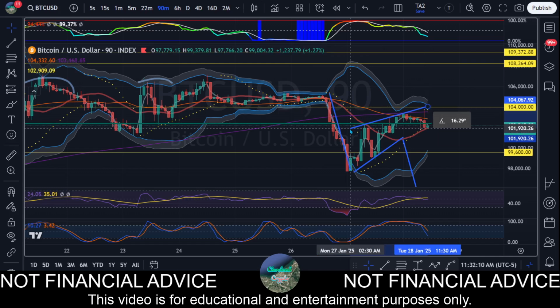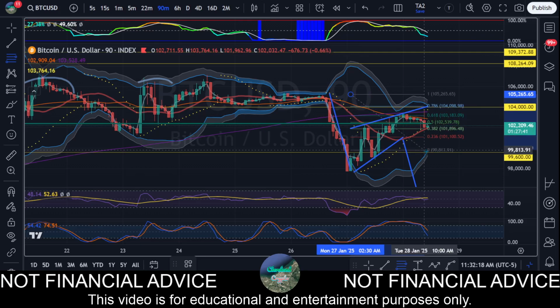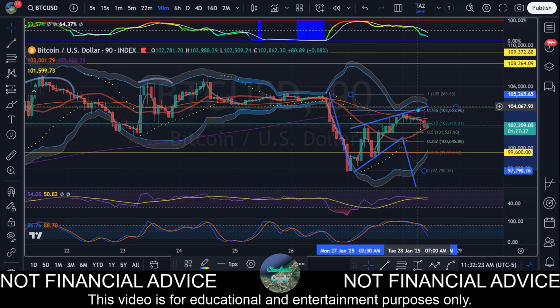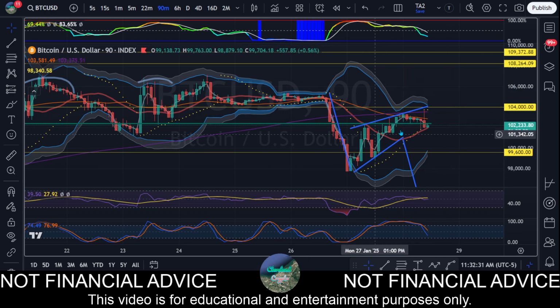Now, what we can do with this is to see, hey, has it gone back? You know how we do a fib retracement from the bottom to the top? Well, we could do one from the top to the bottom and see if, hey, look at that, it's gotten to the 786 and is ready to turn back around and head down, continuing that bear flag.